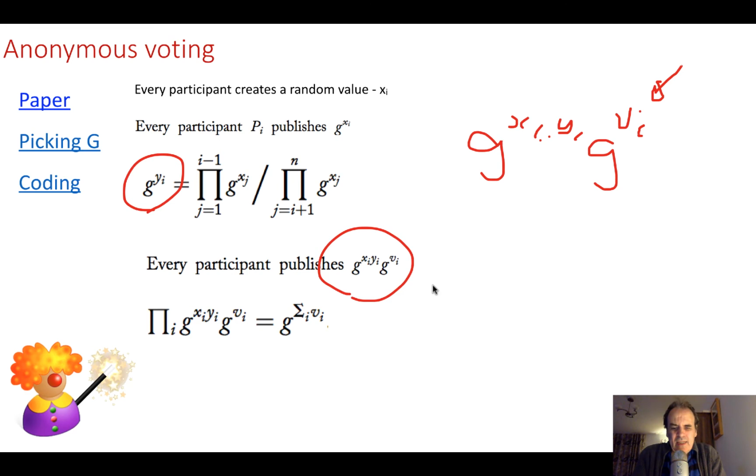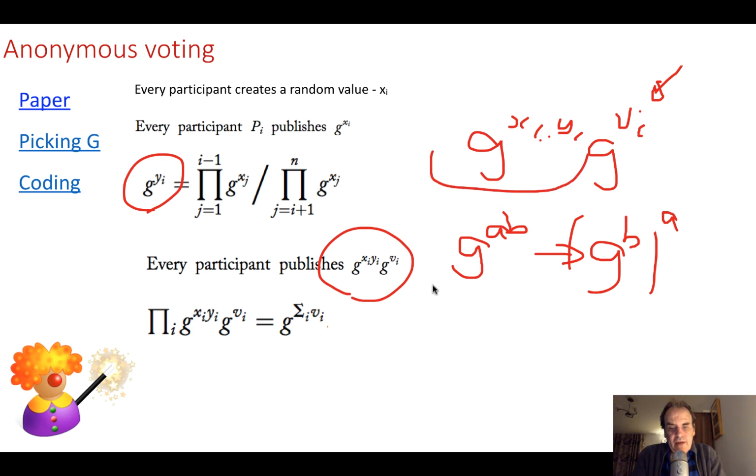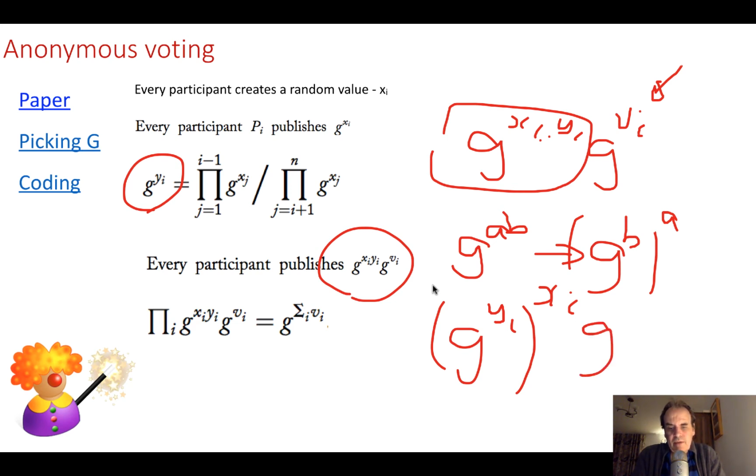So how do we do this next bit? Well, if you know anything about logs, then a to the power of b to the power of a is just a rule of logs. So we take g to the power of yi, which we've just calculated, and raise that to the power of xi, and then multiply that by g to the power of vi.